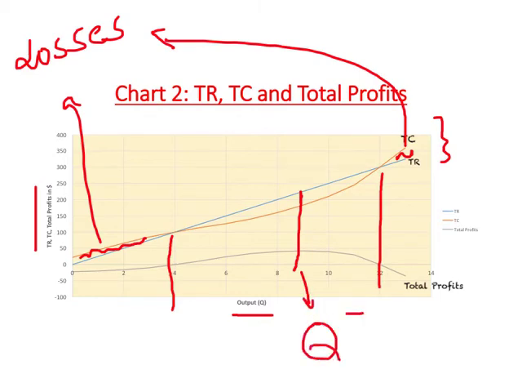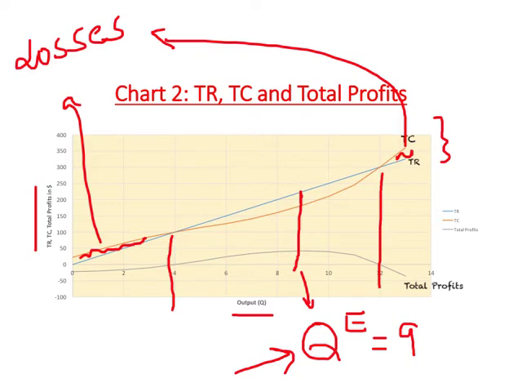Let us represent this as Q superscript E, and this is 9 units of output. Based on this, you can figure out the total profits made, which is the difference between TR and TC. So this is one way to determine the equilibrium level of output.